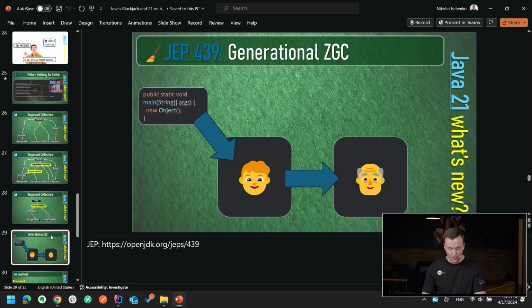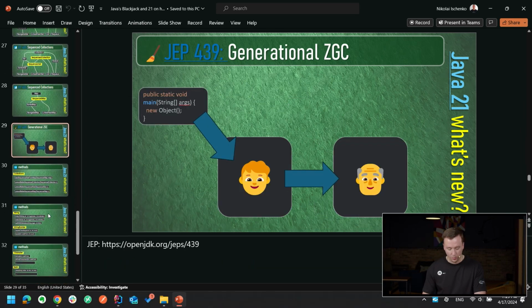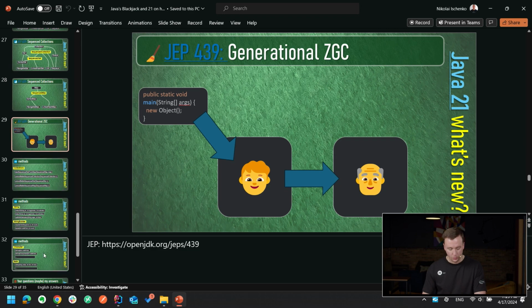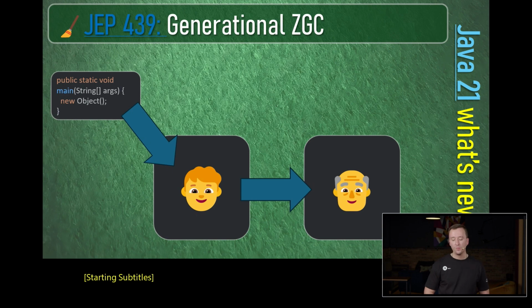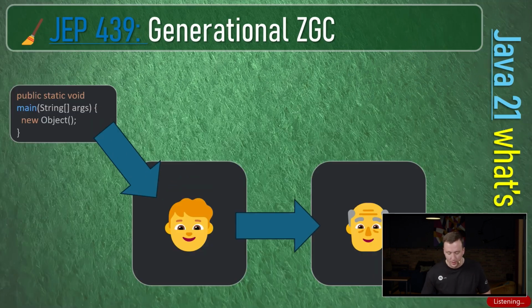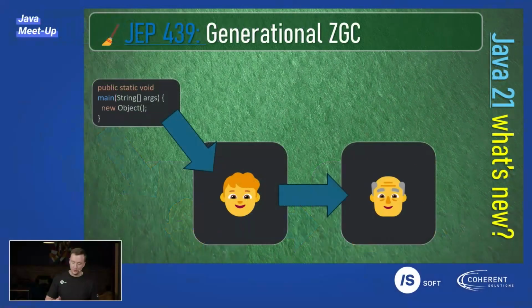And actually, guys, we have only three slides left, because for this one I don't want to show you any examples. This is the new generational ZGC garbage collector implementation. That's also right.